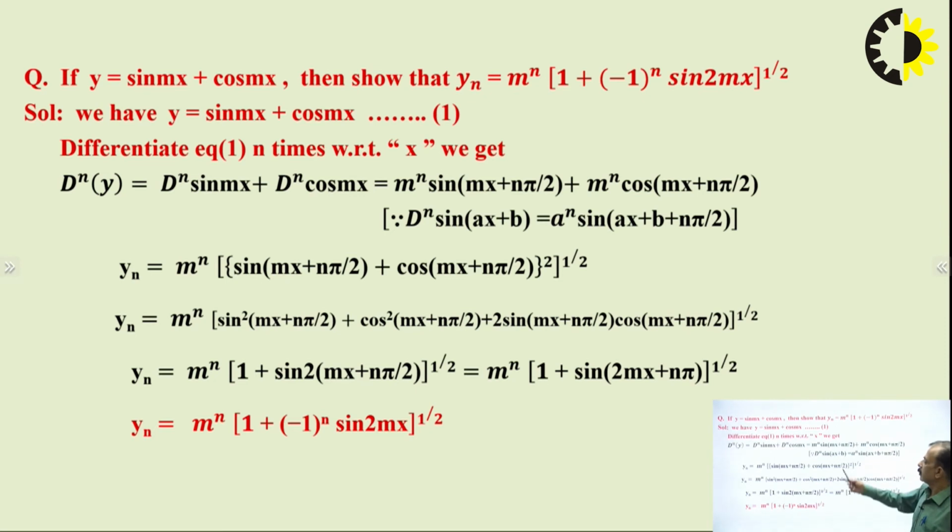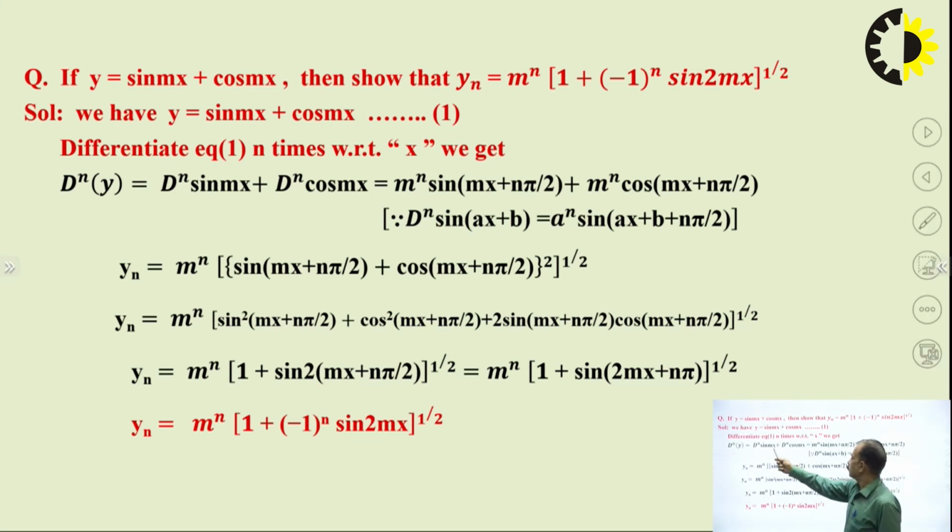We know that the nth derivative of sin(ax plus b) equals a raised to the power n into sin(ax plus b plus n into pi by 2). This is the formula for finding the nth derivative of sin(ax plus b). Here a is the coefficient of x and b is the constant.